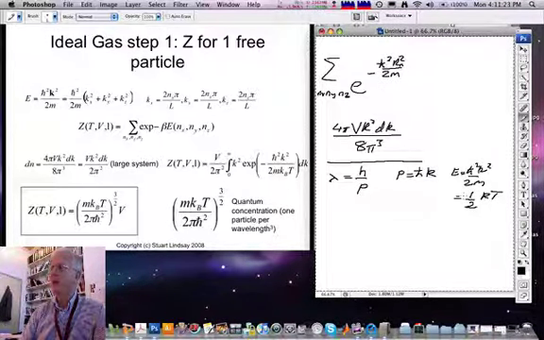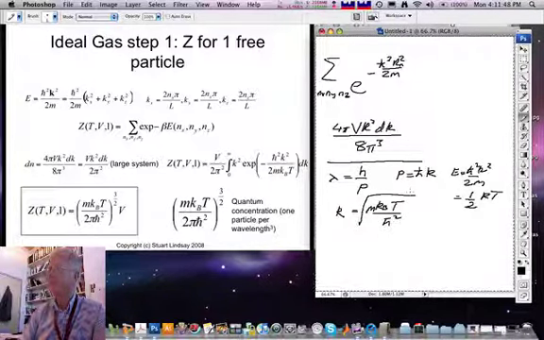And then substituting into this to find k, we arrive at the result that the thermal value of k for particles of average thermal energy is given by the square root of mk_BT over ħ².